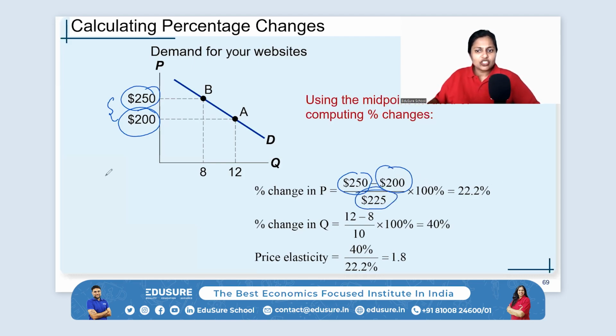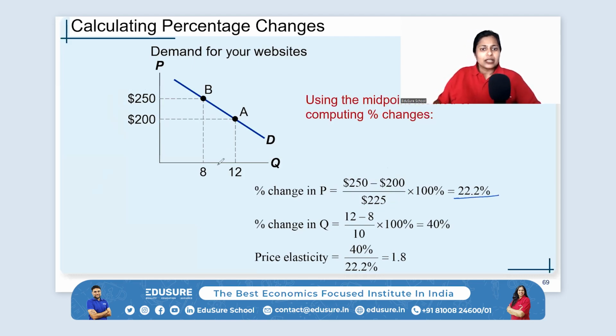So the percentage change in price is 22.2. The percentage change in quantity is 12 minus 8 divided by the average of 8 and 12, which is 10. So 40%. Percentage change in P is 22%, percentage change in Q is 40%, so the elasticity is 1.8. You might say this is a compromise, but this is the best that we can do. That is how we calculate elasticity.